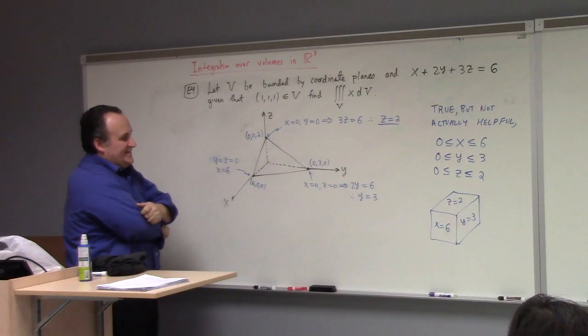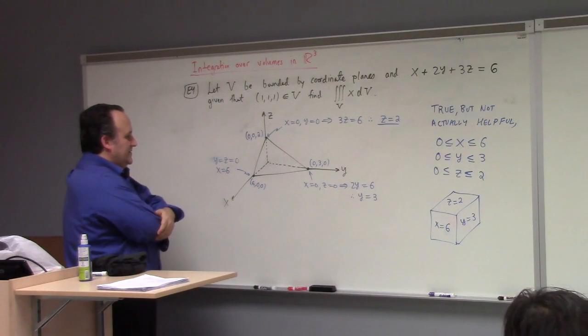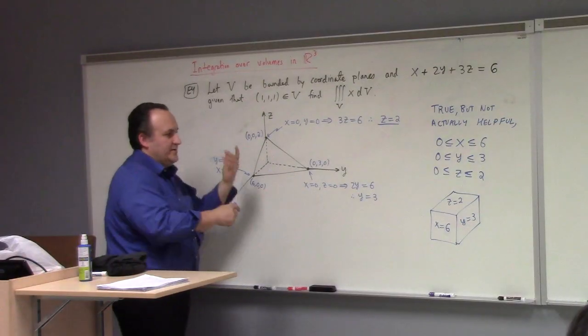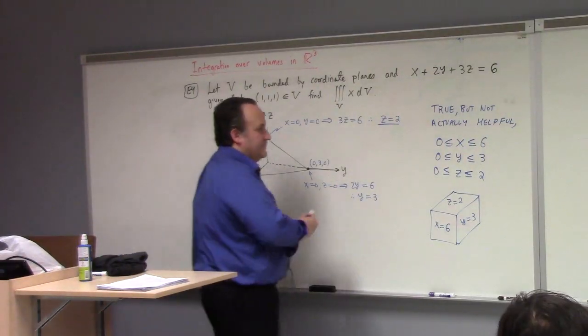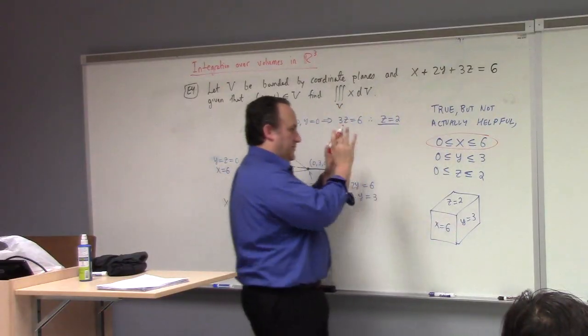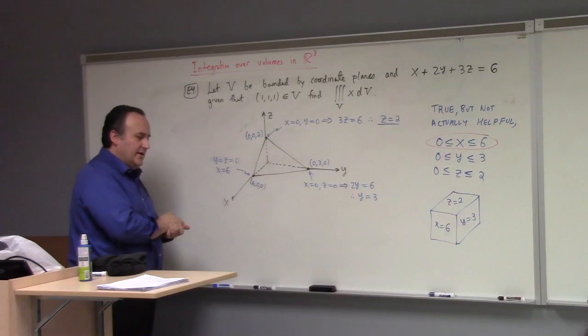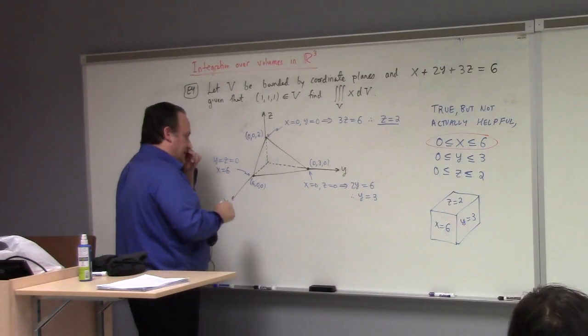Which is going to be nicest? I don't know. Maybe the Z one. No, let's do X first. Yeah, fine. It doesn't matter. So we'll stick with this. We're going to make that one of our inequalities. All right. So that's the first thing.